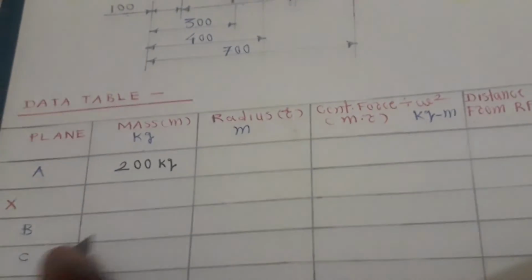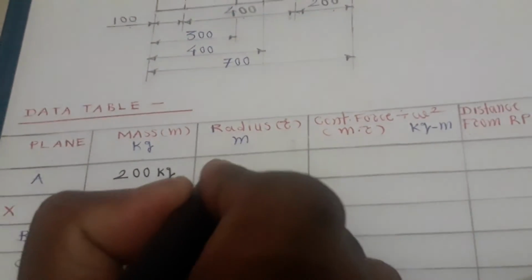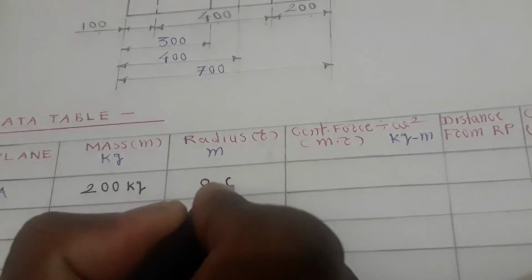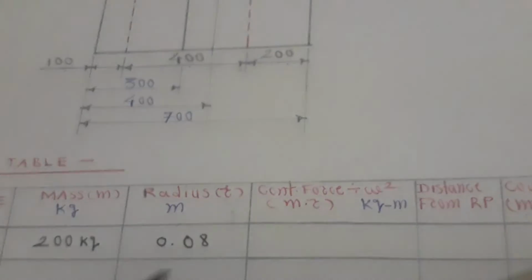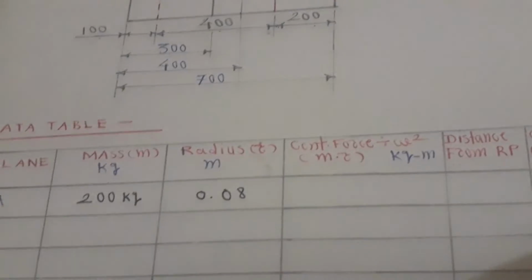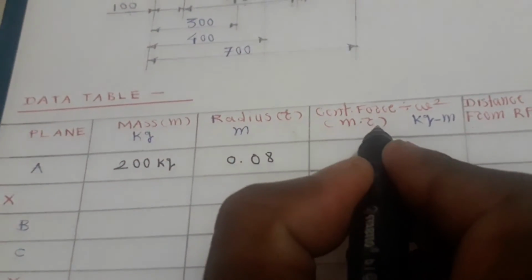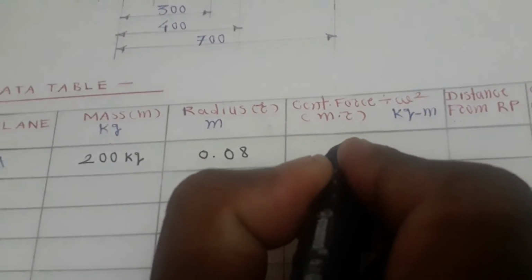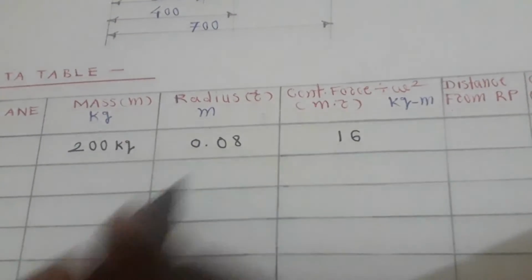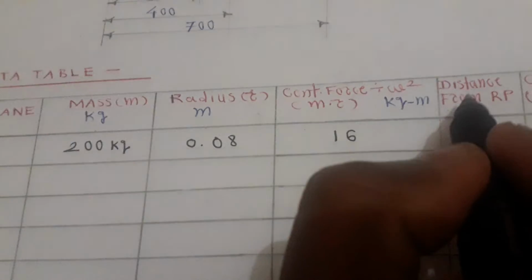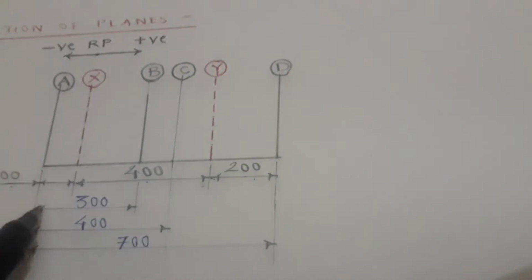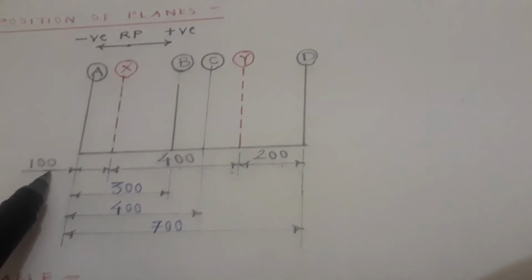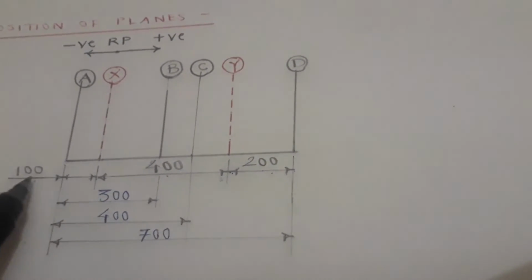Okay. The radius R is 0.08 meters. Then the product of these two will be 16. Then the distance from the reference plane, here the reference plane X, it is at 100 millimeters distance on the left hand side.